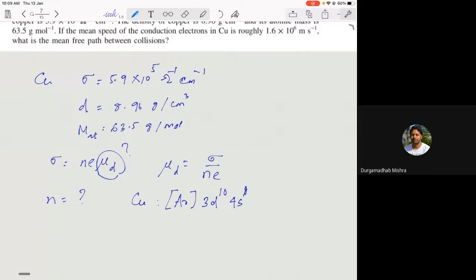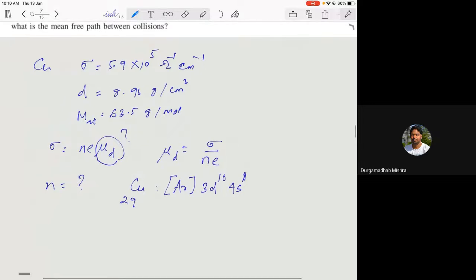So copper is 29, and the electronic configuration is like this. So you have one s electron, which is the valence electron, and we can assume that the copper conductivity is due to this valence electron, which is coming from the 4s. So that contributes to the conductivity.